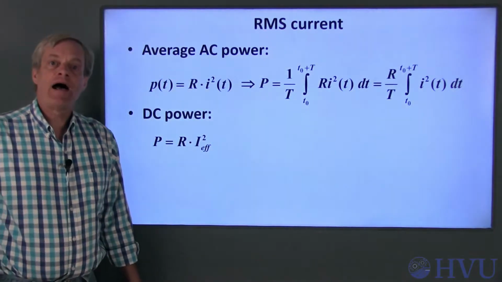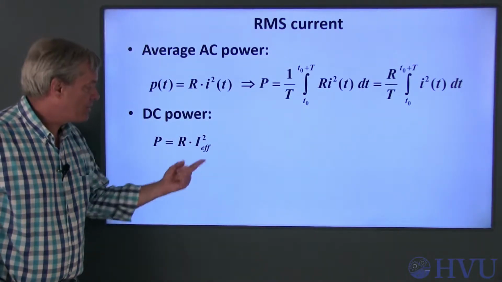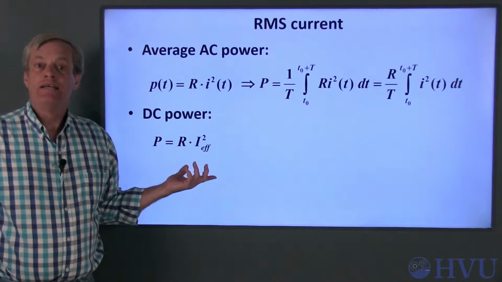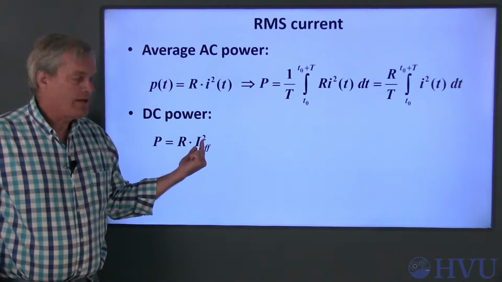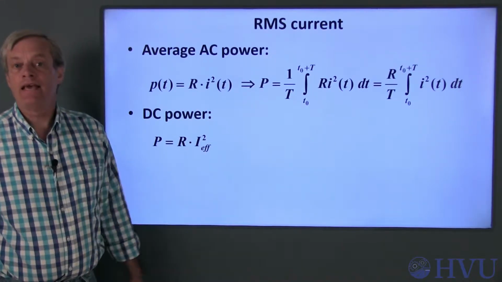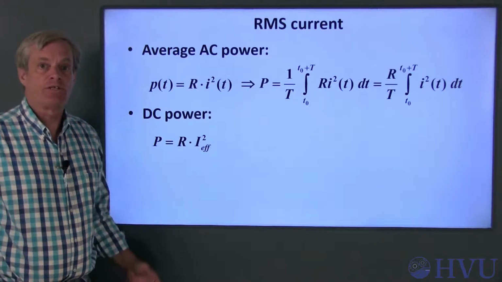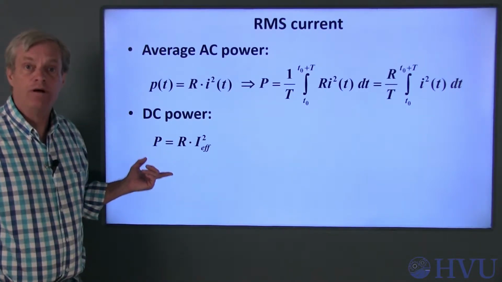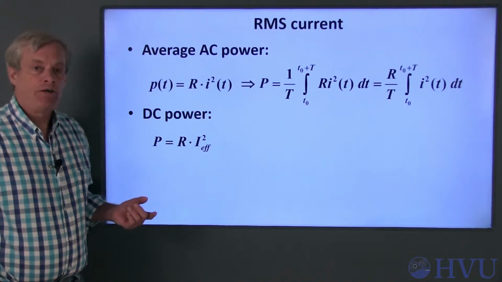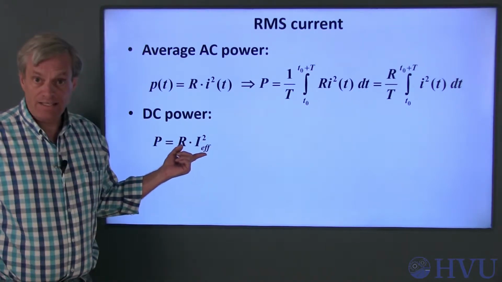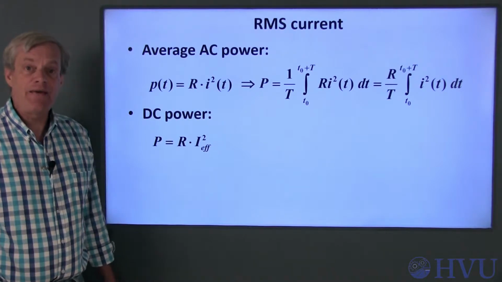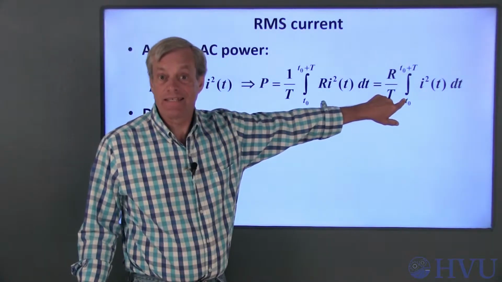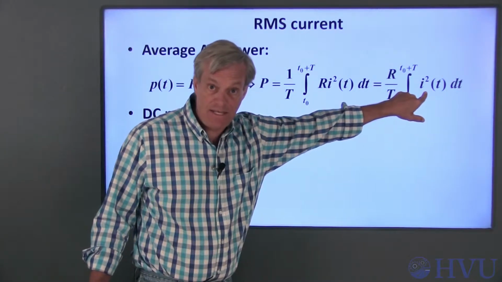The resistive power dissipated by a constant current, I effective, is just R times I_EFF squared. Since I_EFF is constant, the power is also constant, so this corresponds to an average power too. Our goal is to determine a value of the constant or effective current that results in the same average power dissipation as the time-varying current i of t.